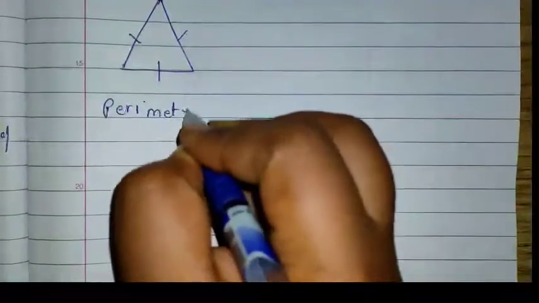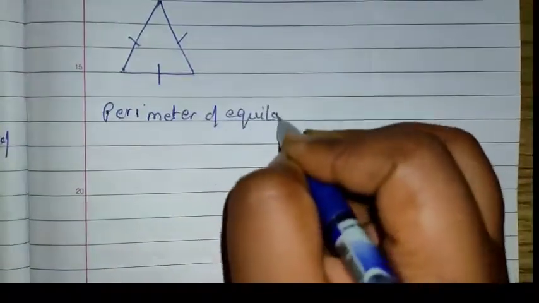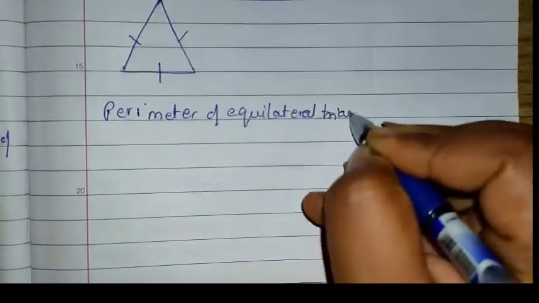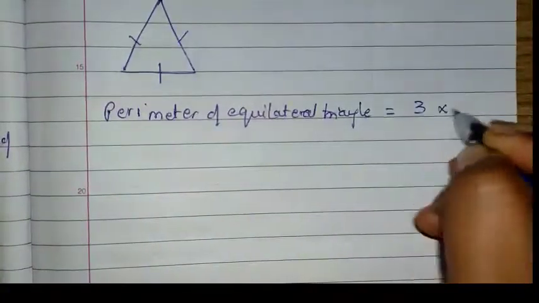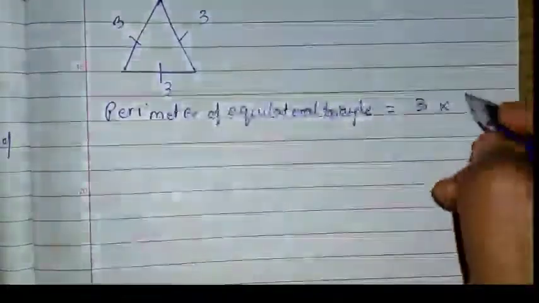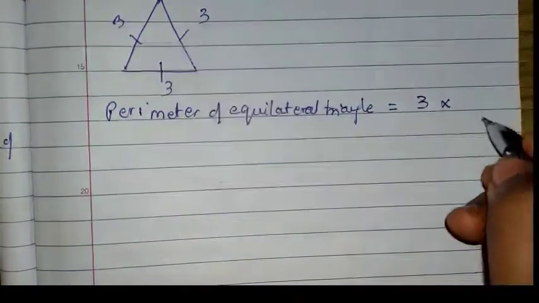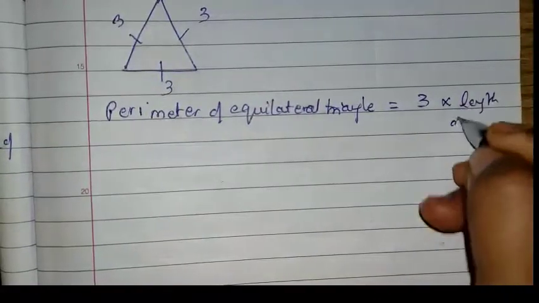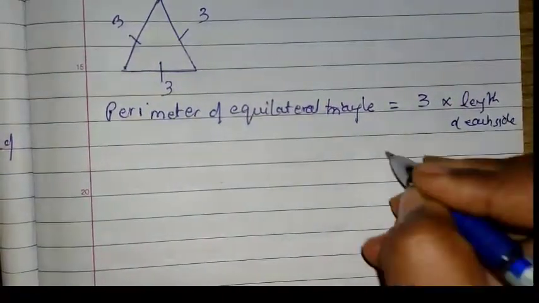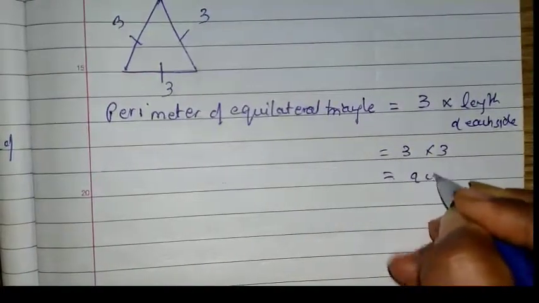So the formula to find the perimeter of an equilateral triangle would be, since all sides are equal, perimeter of equilateral triangle will be 3 into length of each side. So if this side is 3 centimeter, all sides will be 3 centimeter, and so the perimeter would be 3 into 3, which is equal to 9 centimeter.